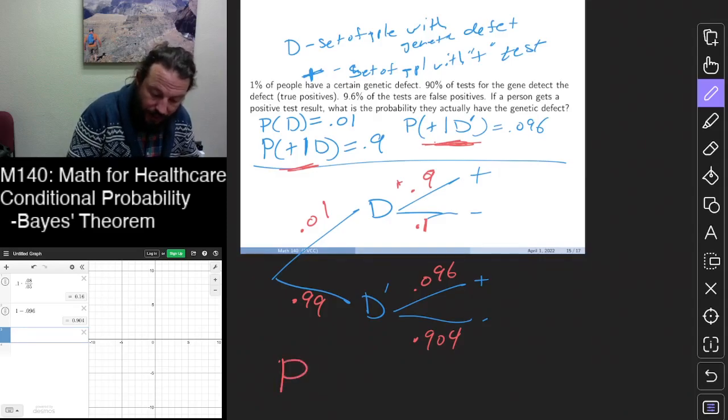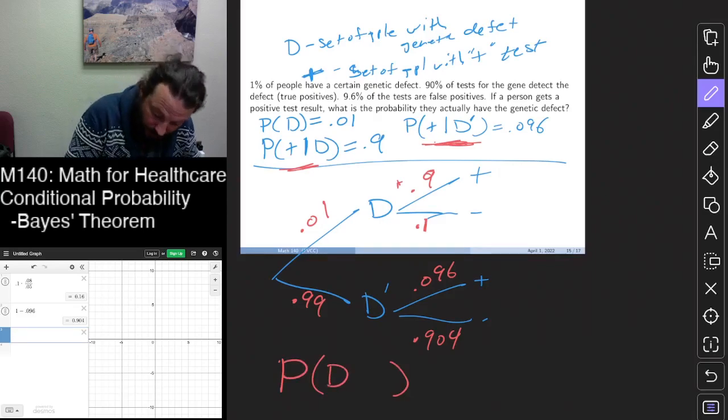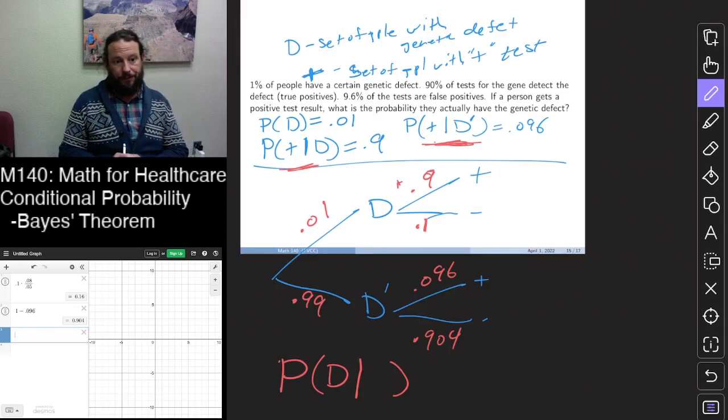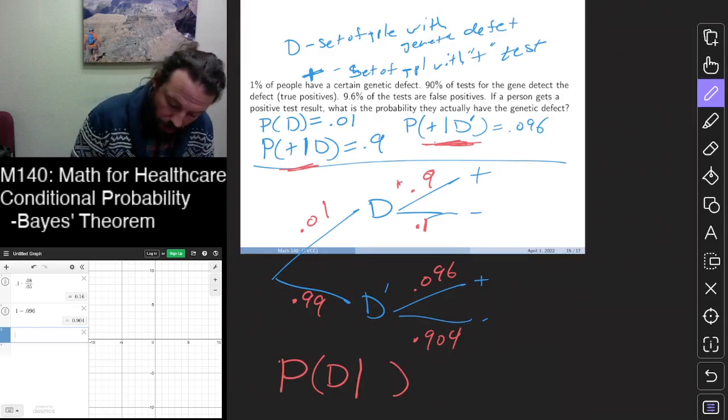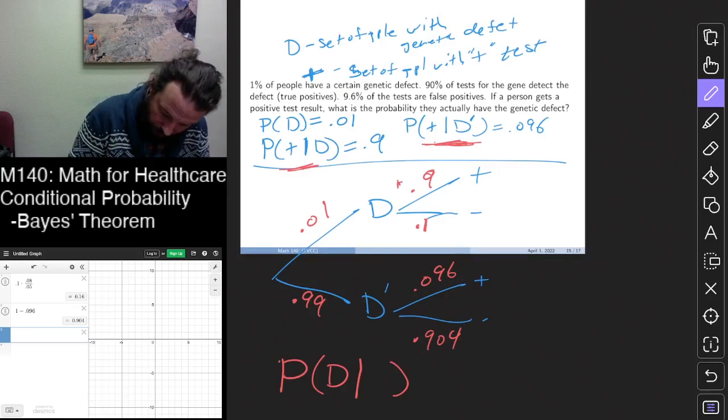So we're being asked, if they have a positive test result, what's the probability that they have the defect given that we test positive, right?